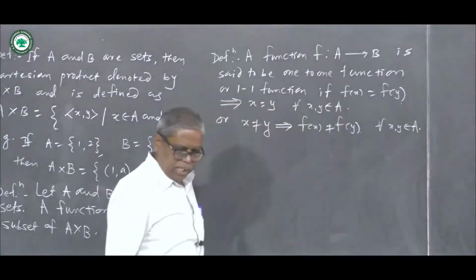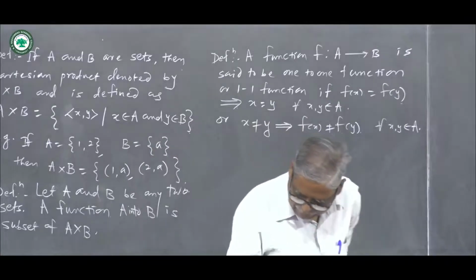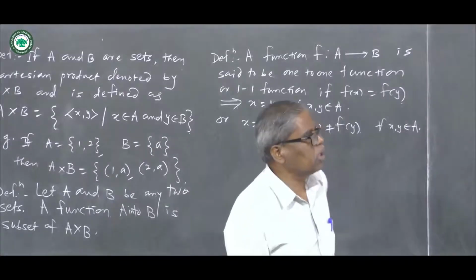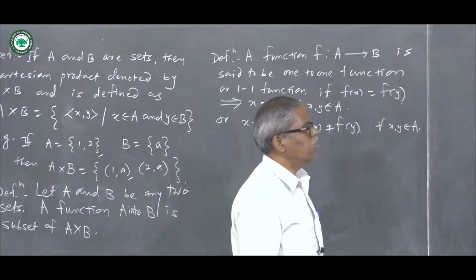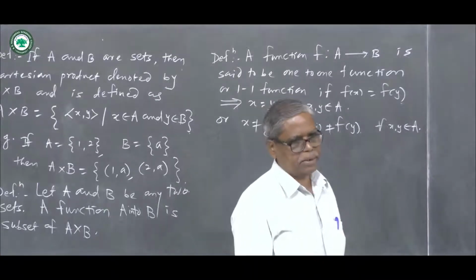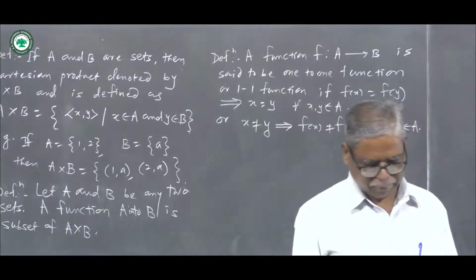Here the set capital A is called the domain set and B is called the codomain set.